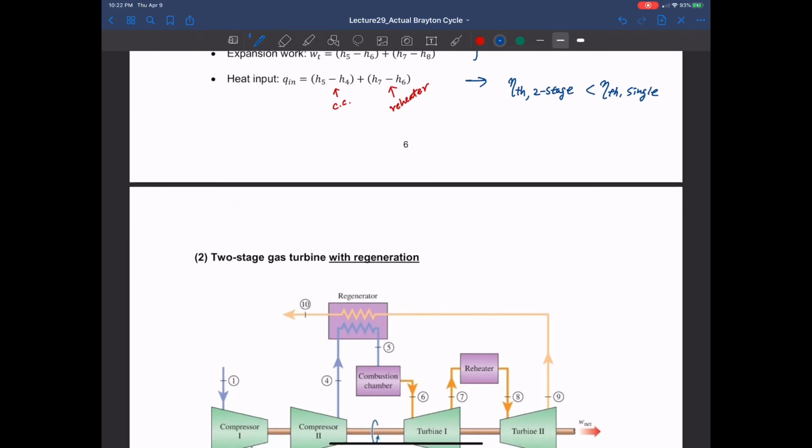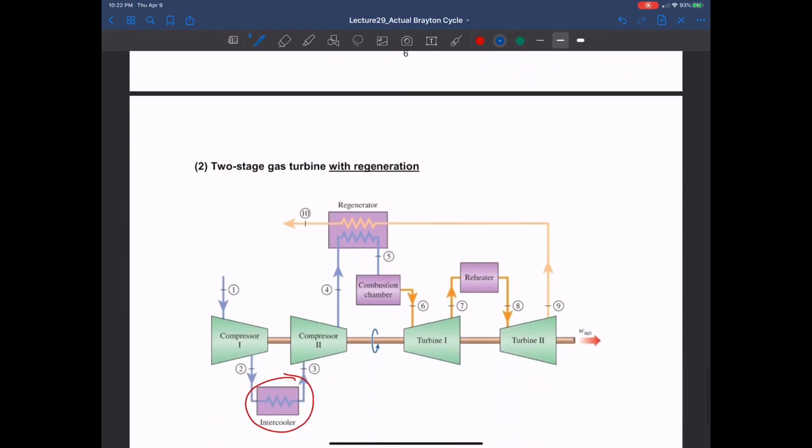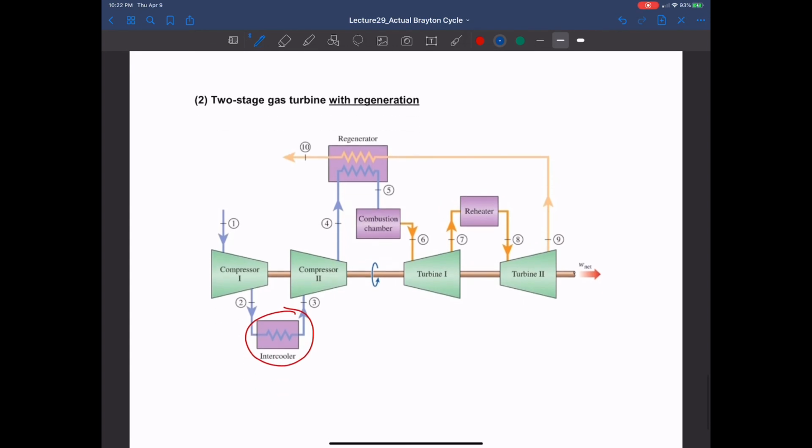So is there any way that we can improve the thermal efficiency for that two-stage gas turbine? And we already learned about how to improve the thermal efficiency. And yes, we can improve the thermal efficiency for the two-stage gas turbine by integrating the regeneration for that system. So that is the usual two-stage gas turbine system.